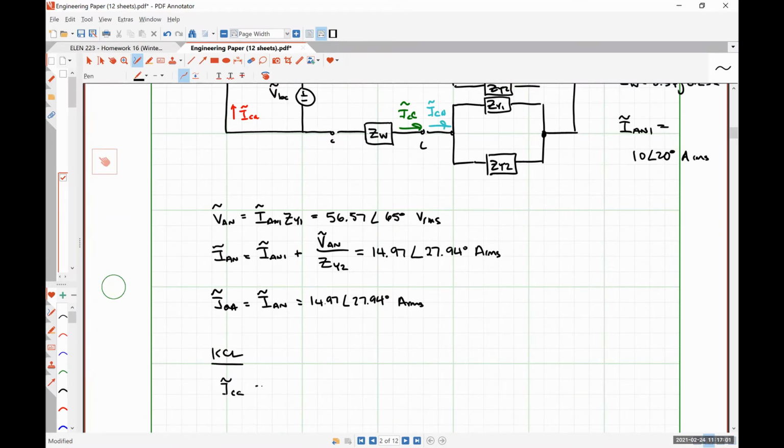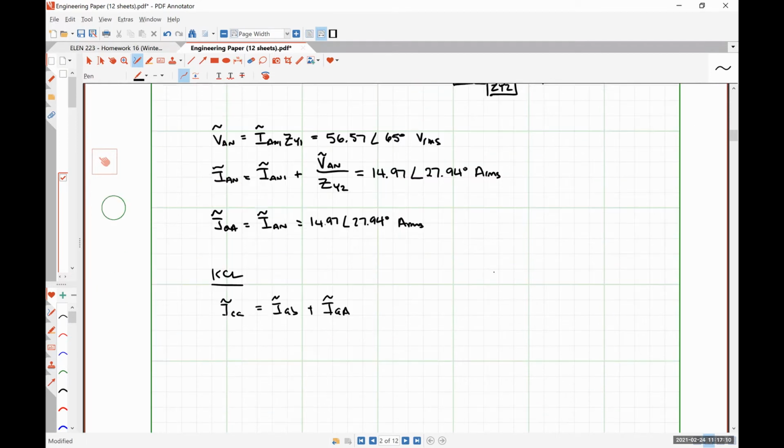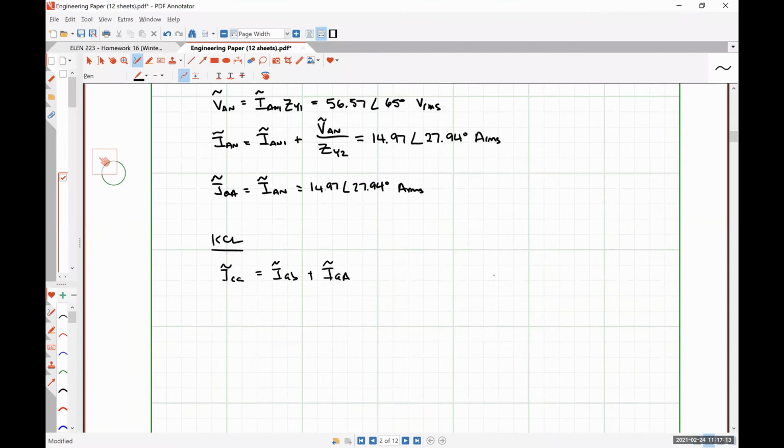ICA entering will be equal to IAB leaving plus IAA leaving. So we can move these around, and this tells us that IAA is equal to ICA minus IAB, based on the directions I've assumed for my currents, where they're flowing into the positive polarity terminals. I just want to be clear about that.